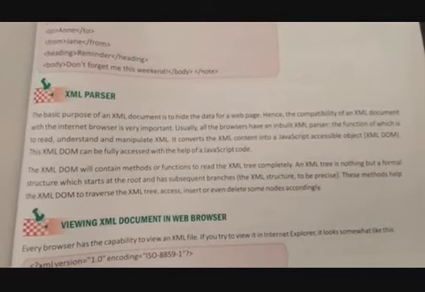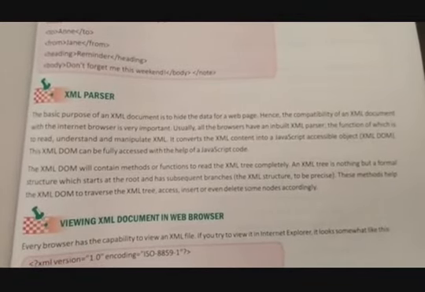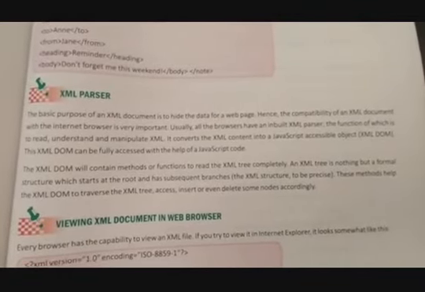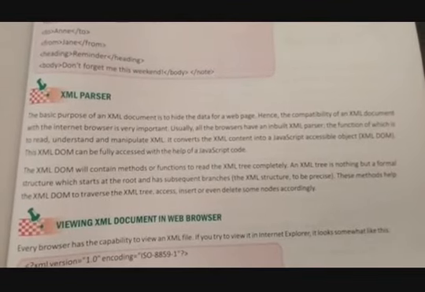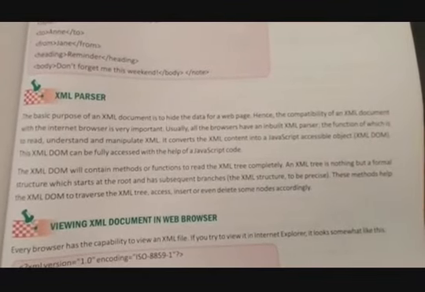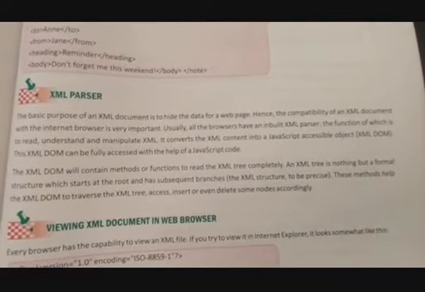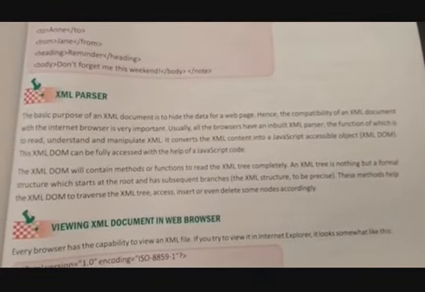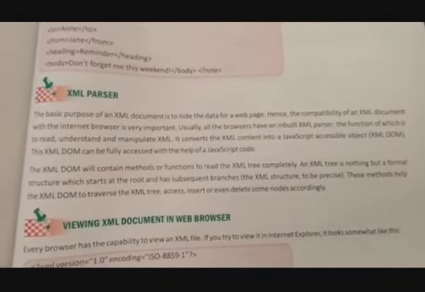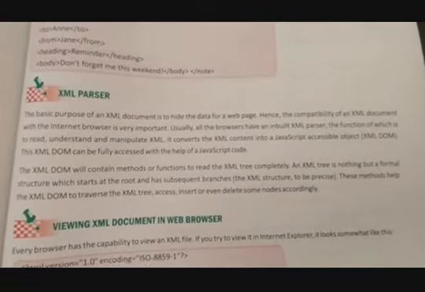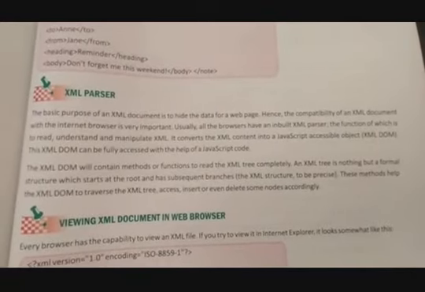So the XML DOM will contain methods or functions to read the XML tree completely. And what is XML tree? An XML tree is nothing but a formal structure that starts at the root and has subsequent branches. You know that whenever we create any XML document, we create nesting of text.